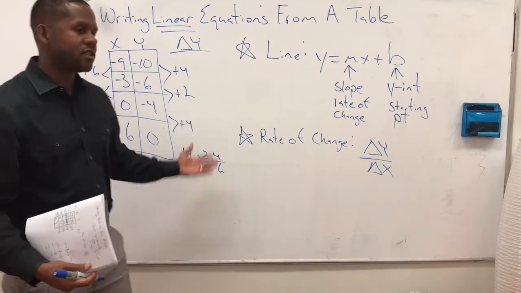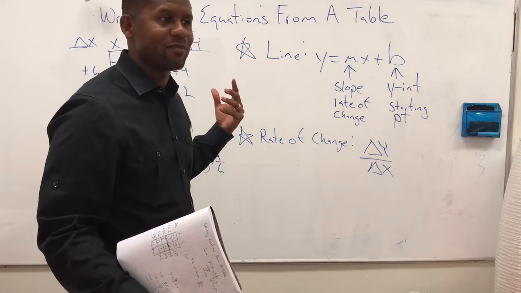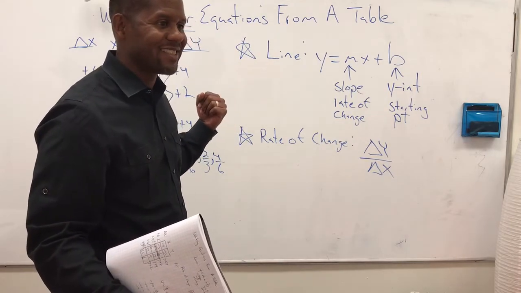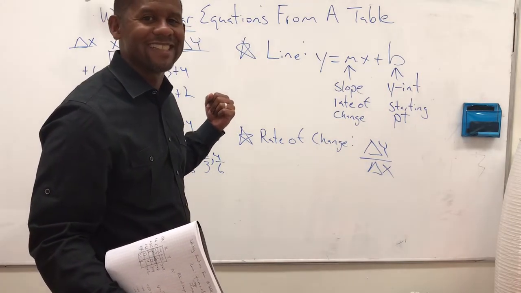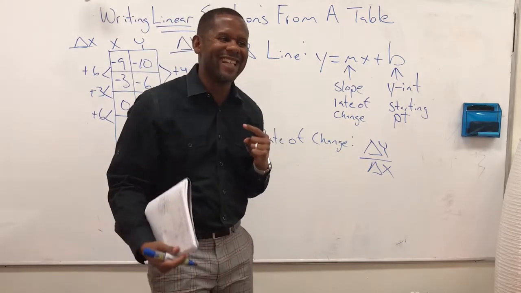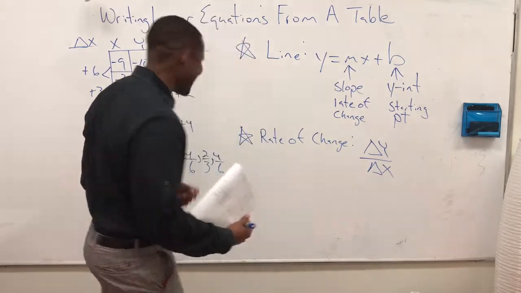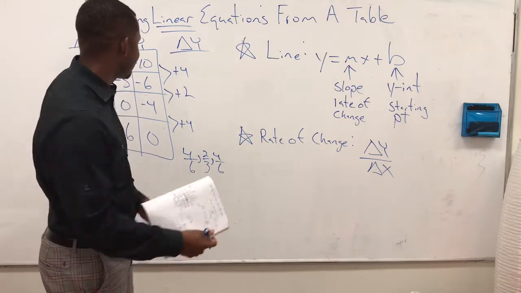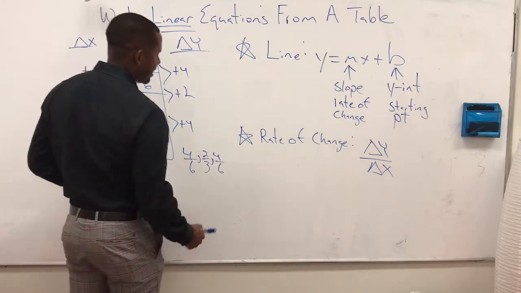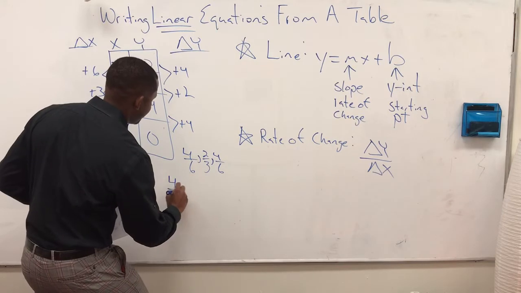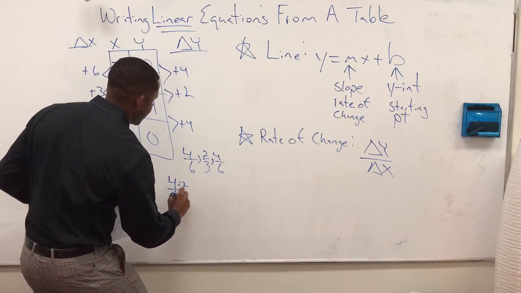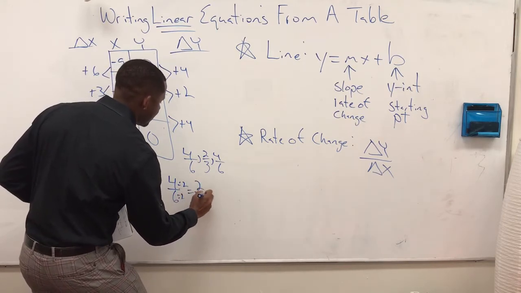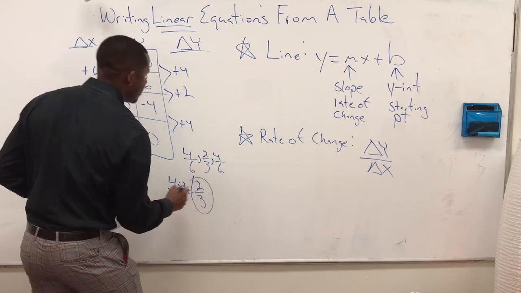But what do we notice about these fractions? Miriam, do you notice anything about these fractions? No, she doesn't. But I notice something about these fractions. They're all the same. These are all equivalent fractions. 2/3 is the same as 4/6. If I simplify 4/6 by 2 over 2, I see that 4/6 is the same as 2/3.